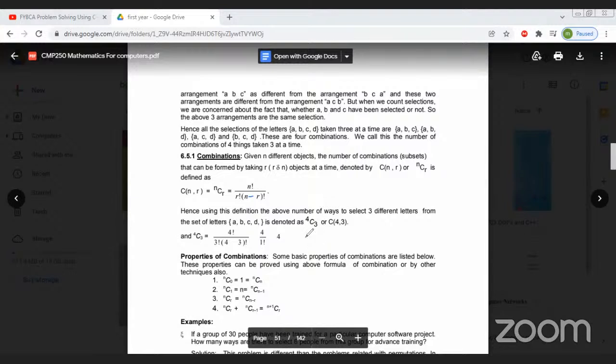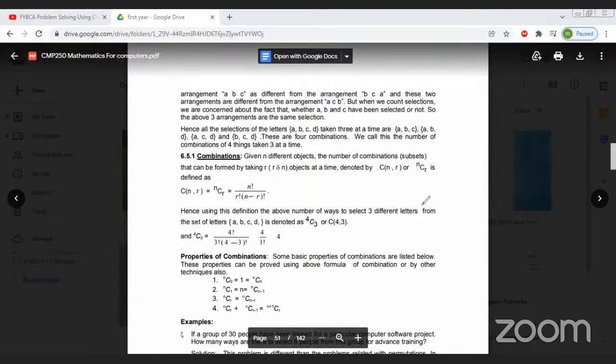See, let's cross check through this example. 4C3 is 4 factorial upon 3 factorial and 4 minus 3 factorial. 4 minus 3 is 1 factorial. So 4 into 3 factorial, 3 factorial, these get cancelled. So you're going to have 4 over here.